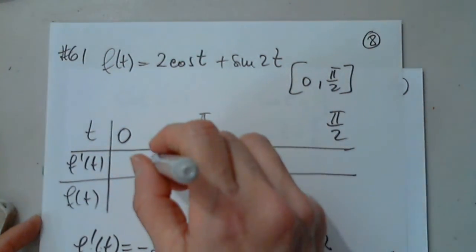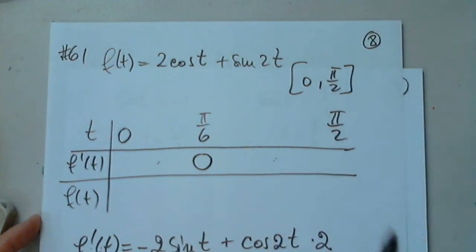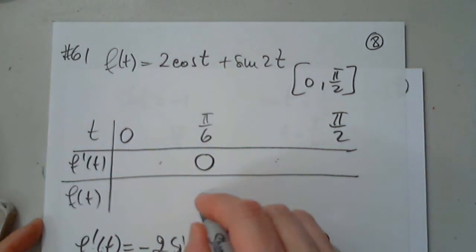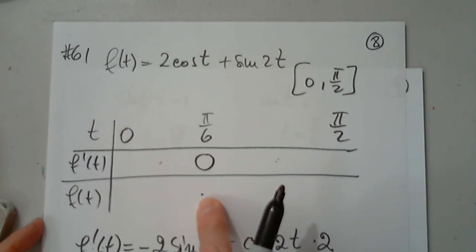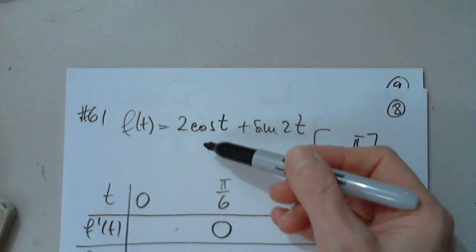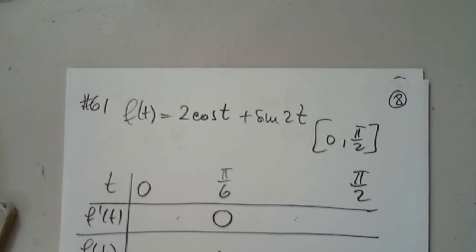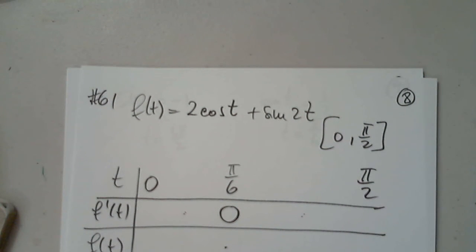All I need to do now is find the sign left and right, and plug pi over 6 in the function to find the value. I can do that with the graphing calculator quickly, because I want to make sure I find not just those values, but what they represent. So I plug in the function 2 cosine t plus sine 2t.